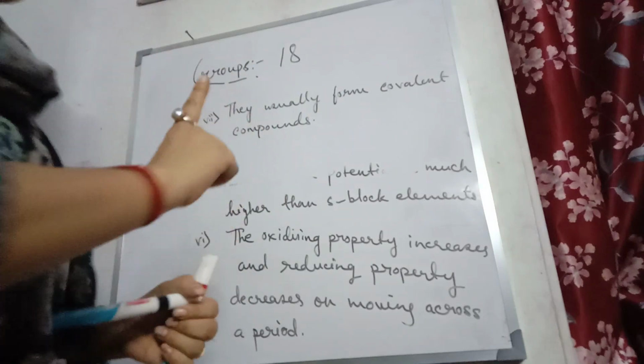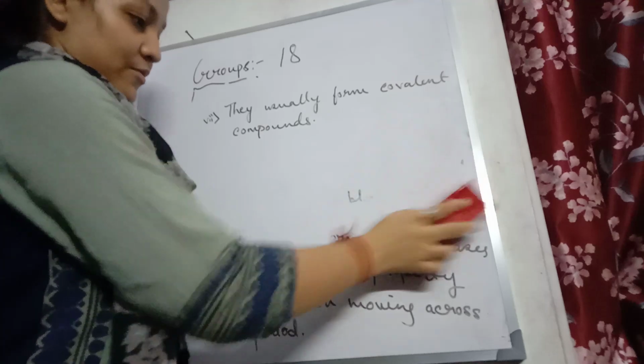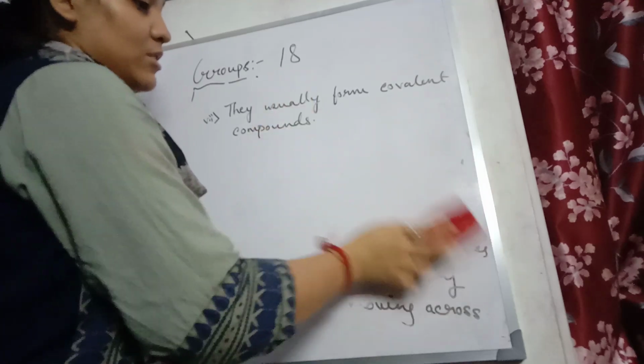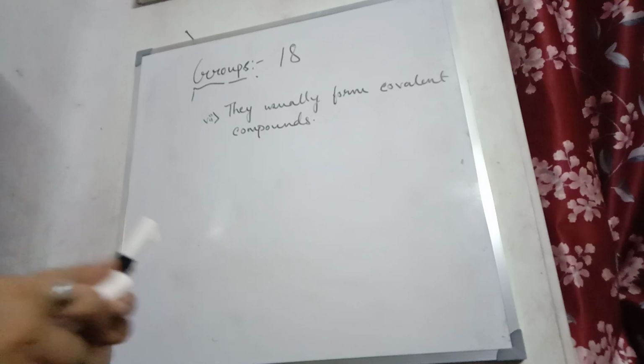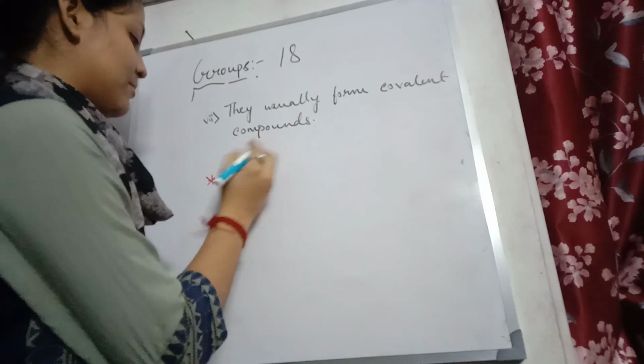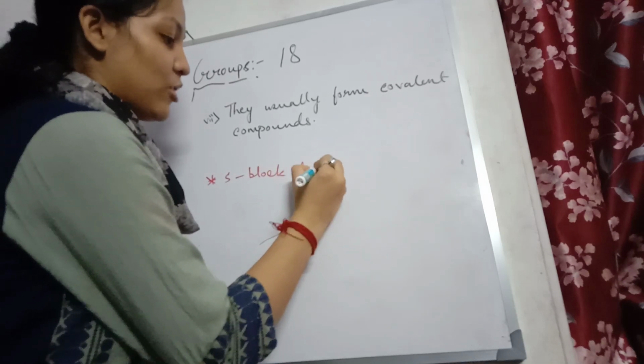Now do one thing. I think in S block elements I missed one property. For S block elements I did not mention the type of compounds that they form. Just add in S block elements one property that I missed.